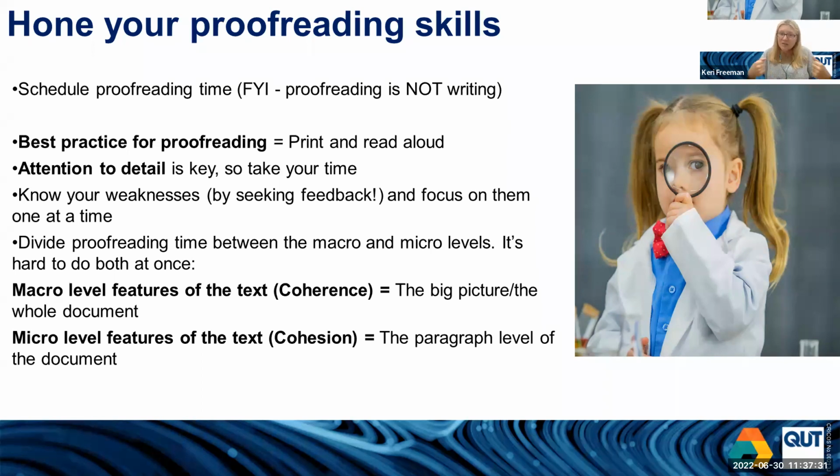My recommendation is divide it out. Sometimes look at your paragraphs, sometimes you'll be looking at the bigger picture and those connections and your common thread all the way through. We do have a proofreading writing circle coming up where I delve more deeply and we do some practice of this idea of the macro and the micro level. So if you can come to that, that would be good.